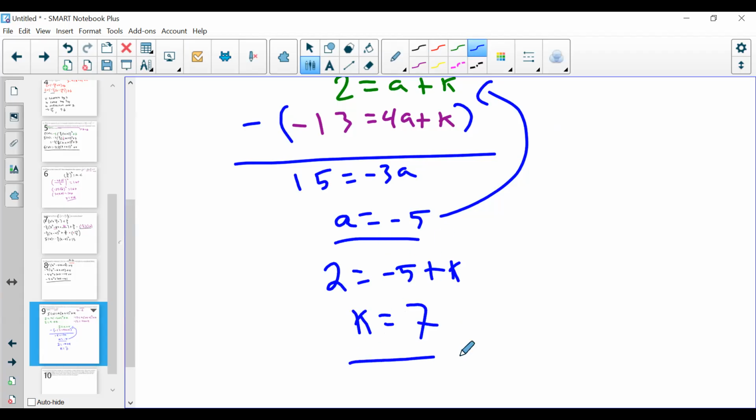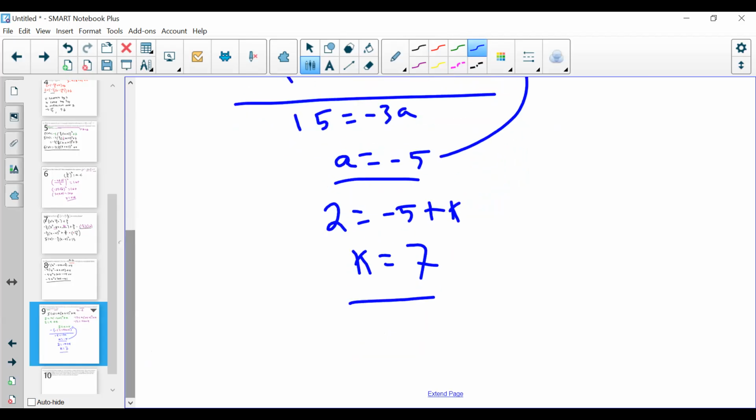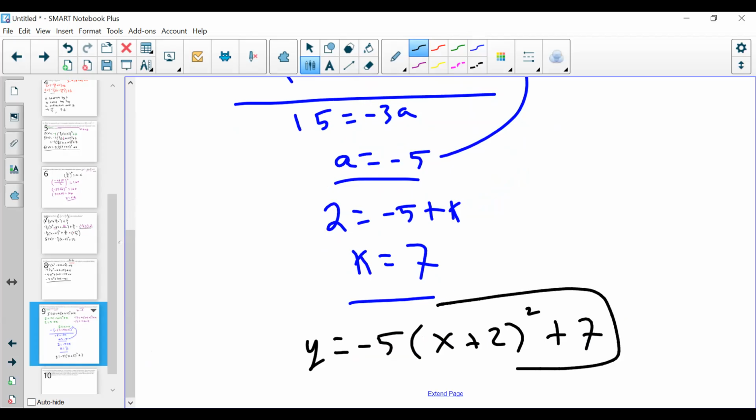So I figured out my a and my k. All I need to do now is go back to the original equation and plug it all in. So I get that y will equal my a value of negative 5 times (x minus my h value of negative 2), so (x plus 2) all squared, plus 7. And that's going to be your final answer.